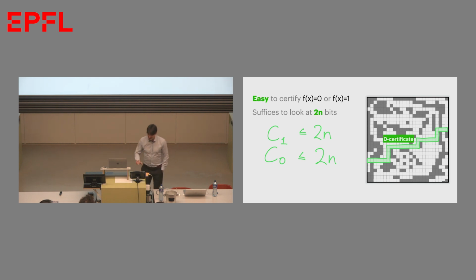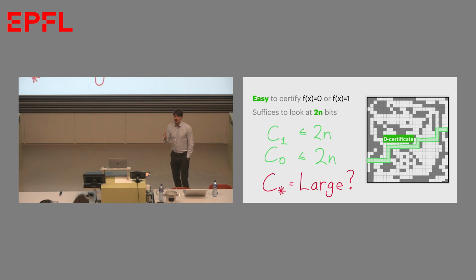But what's so interesting is I claim that draws are hard to certify. So that's kind of interesting. It's an object where something's easy to do, yet on the other hand, draws are hard to certify. So it's some sort of a separation, not of P and NP, but of certifying one thing versus certifying another thing.